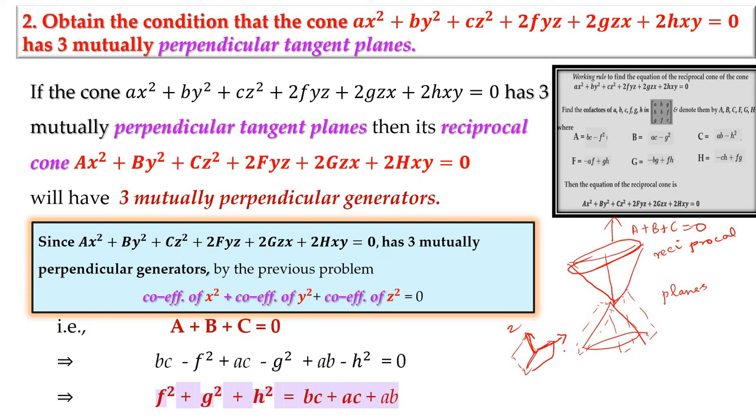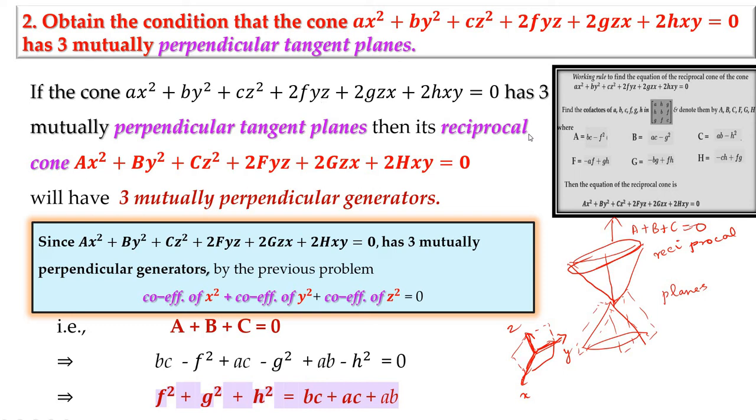So the coordinate axes will be generators for this cone, which is the reciprocal cone, and they are mutually perpendicular. Therefore, for that cone we should have coefficient of x square plus coefficient of y square plus coefficient of z square to be 0.